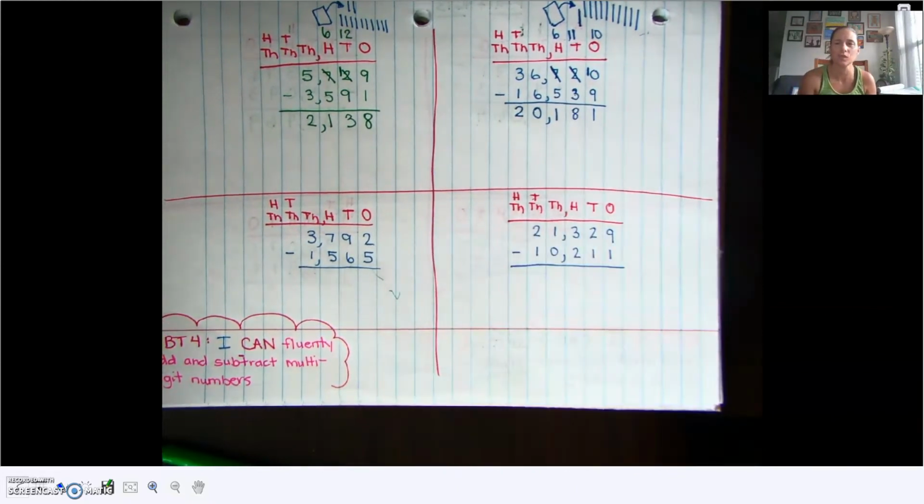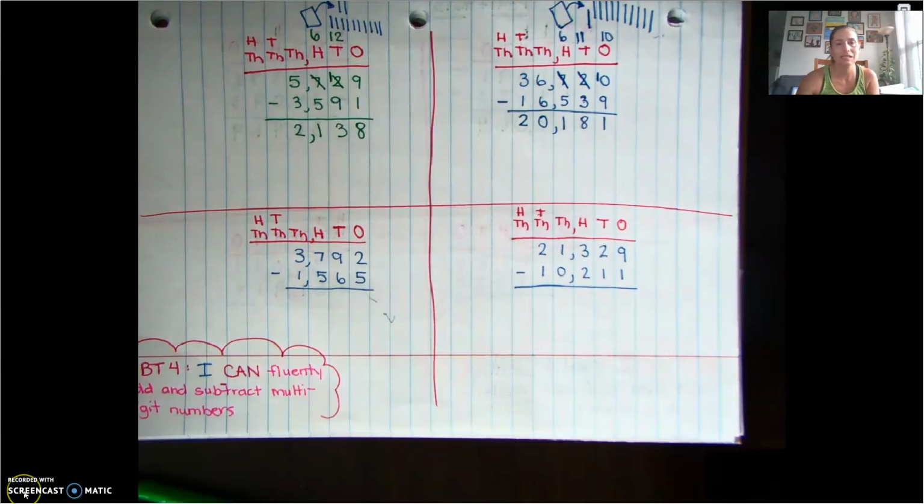So those are the two that you are going to be working. I'd like you to try on your own, and then we'll check when you get to class today.